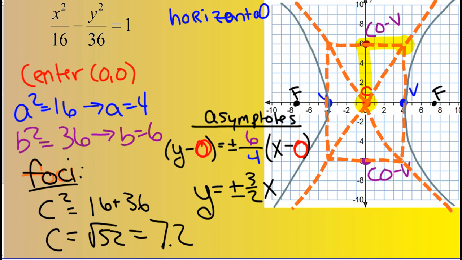You have your center, your two vertices, each co-vertex, each focus. You have a total of 7 points that you could grab the coordinates of off your graph, and then you also have your asymptotes. While the asymptotes may be sketched on the graph, you do have the official equation, right? So you know exactly what your equation is. Third one down, 1 to go.